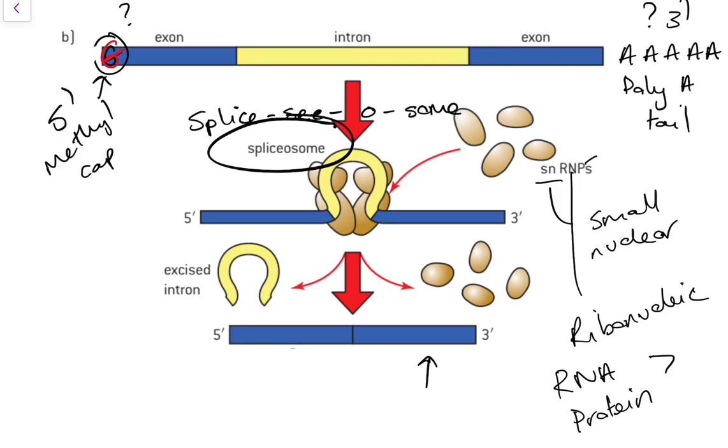This is called excised. If you cut something out, it's to excise it. So its whole job is to take what's called the pre-mRNA. At this point, it's not yet mature. It's the pre-mRNA, chop out the introns, and then in the end create the mature mRNA.